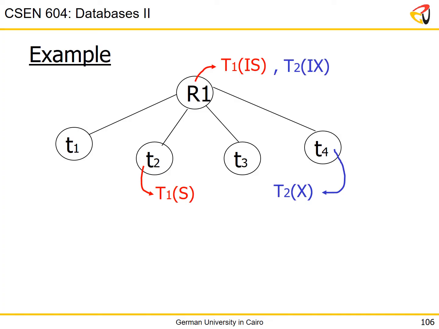So when it starts at the root level, it will declare an intention to request an exclusive later on. And since T1 was also declaring an intention at that level, it will be allowed. And then it moves to T4 and requests an exclusive on T4.